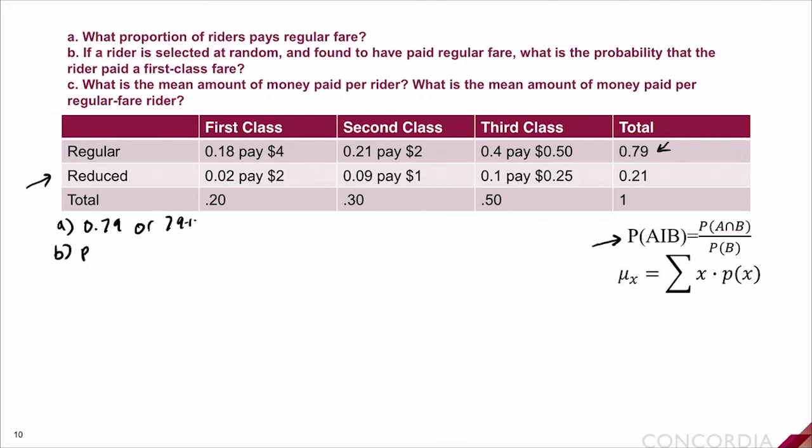I'll rewrite it. It is the probability of A given B is equal to the probability of A intersection B divided by the probability of B alone. A being the probability of being in first class, and B being the probability of having paid regular fare.